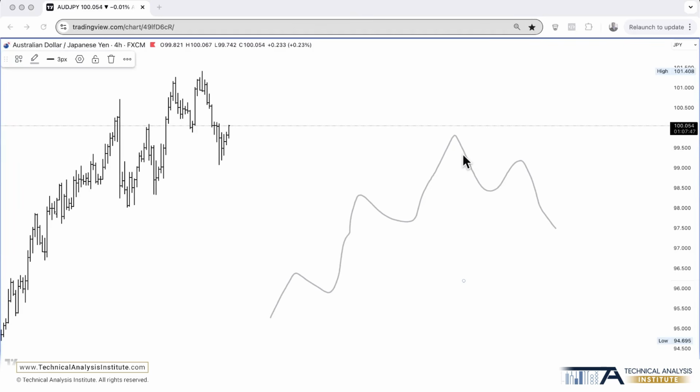The second reason why every trader must learn the Elliott wave principle is because it helps you identify counter-trend moves via the 3-wave structures that occur after 5 waves. So you can see here there are 5 waves and then it's followed by 3 waves.